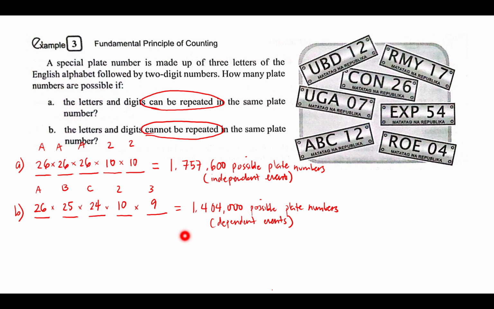In the Philippine setting, a plate number is given by 3 letters and 4 digits. This is for the Philippine setting. So can you provide the possible plate numbers if the letters and digits can be repeated and cannot be repeated? Okay, so it's up to you.